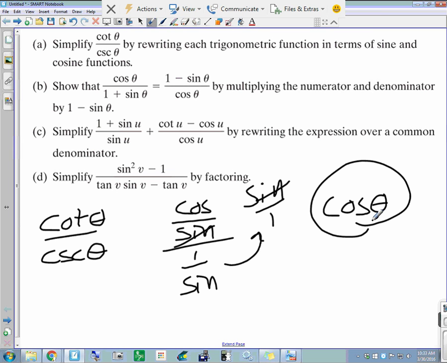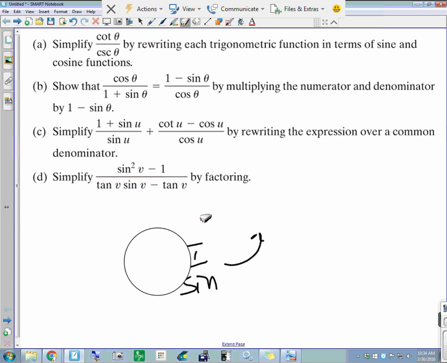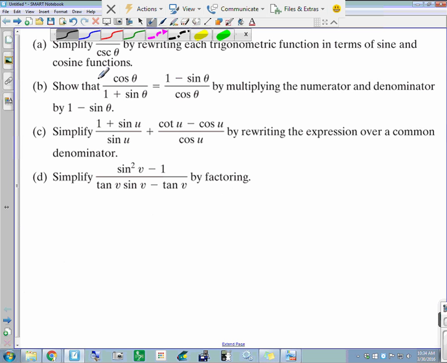All it is, is just simply going through and manipulating things so that you can rewrite them in different terms. Okay. So if I try B here, we're supposed to show that this is equal to that by multiplying in the numerator by the sine of 1 minus sine theta. Okay.